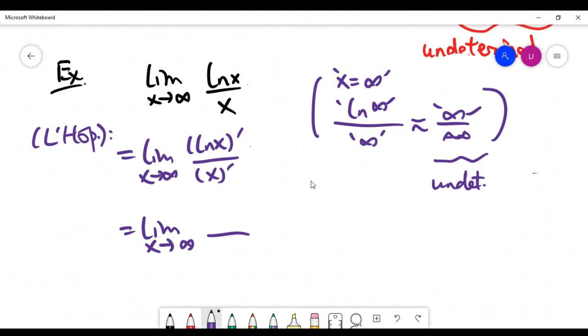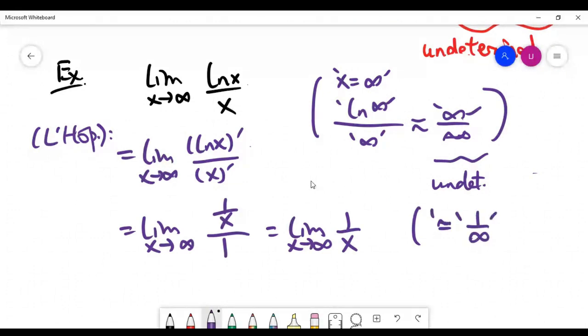For the fraction now, the top is the derivative of ln x, which is 1 over x. The bottom is 1, right? And let's look at the current fraction, which is 1 over x. Please try to understand that if you replace x by infinity into the quotient here, conceptually, it's the same as 1 over infinity, right? And 1 over infinity is 0. So the answer to this problem is 0.